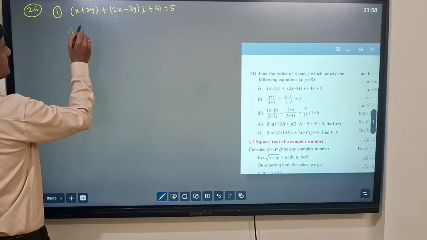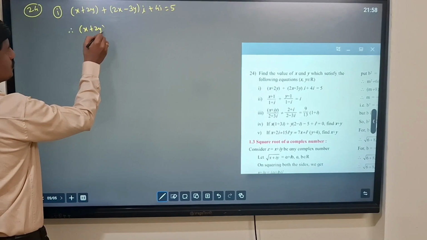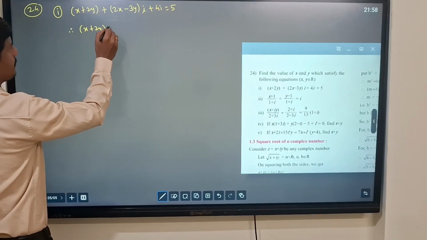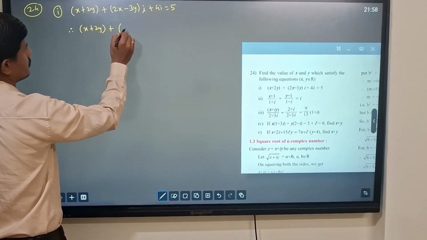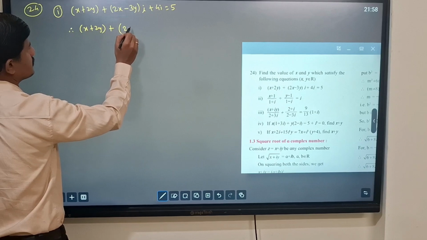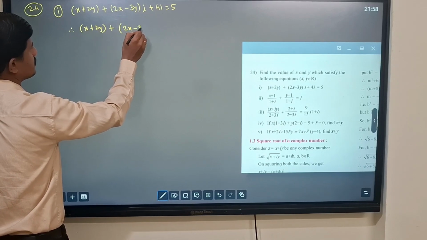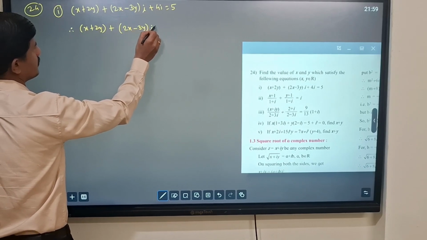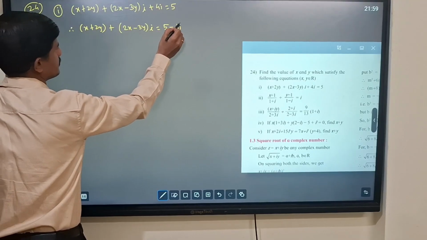Okay, therefore this becomes x plus 2y plus, again I will take i common from this side, so this becomes 2x minus 3y i equal to 5 minus 4i.